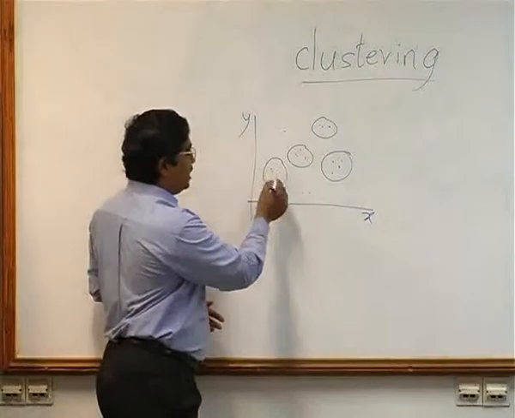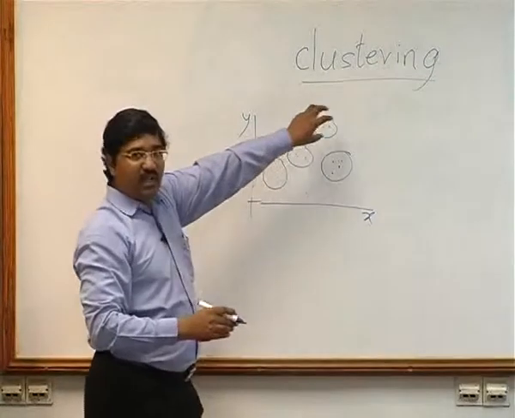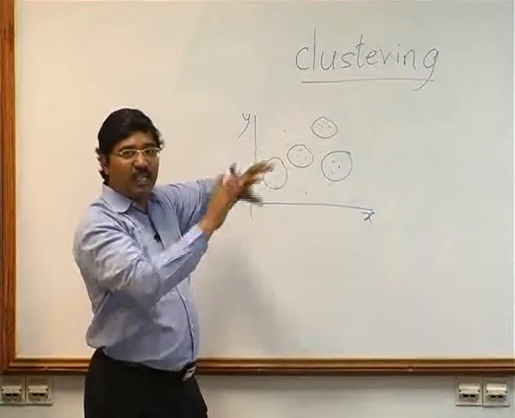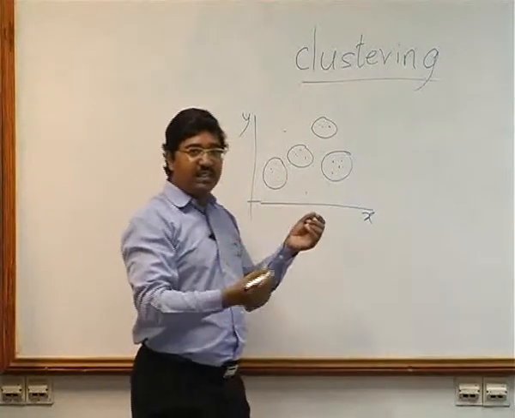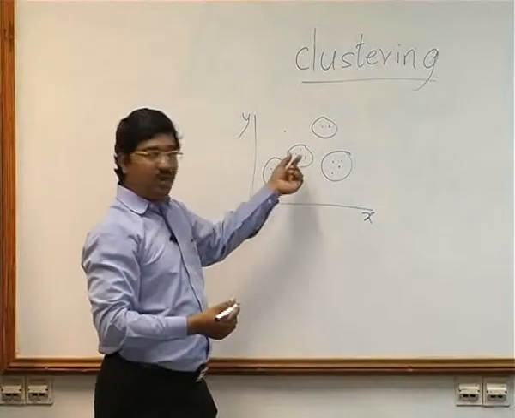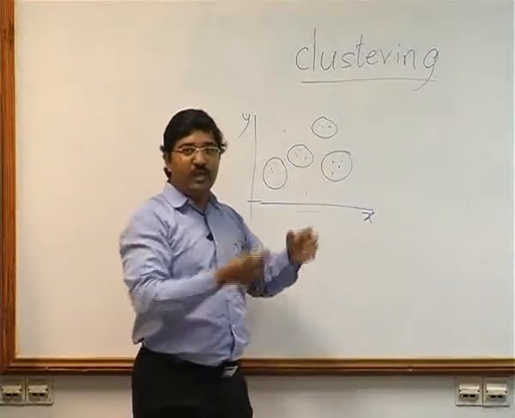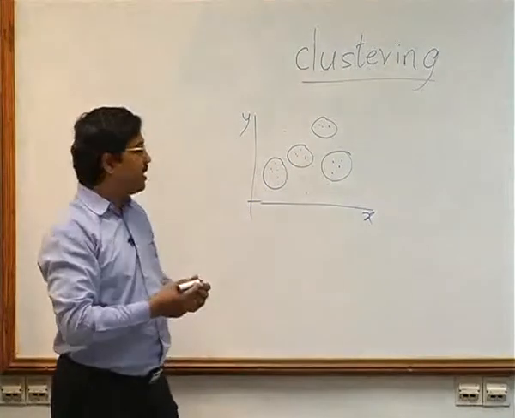Now how do you decide which points to group as part of one cluster? Obviously, when you see it visually as a human being, it is quite easy. Whatever are the nearby points, you group them as part of one cluster.